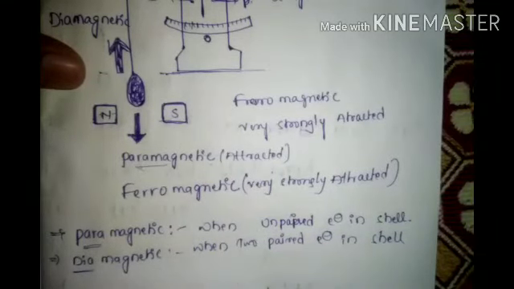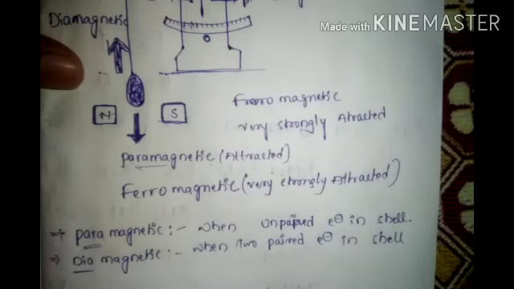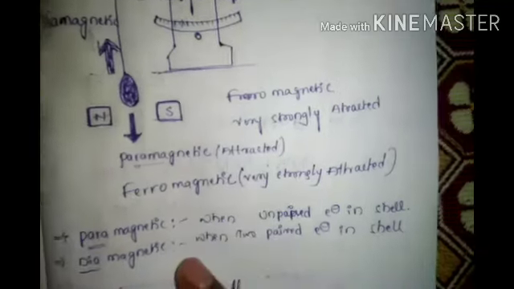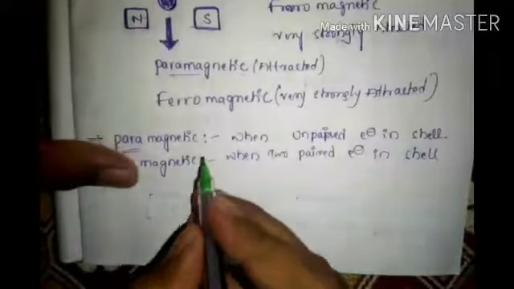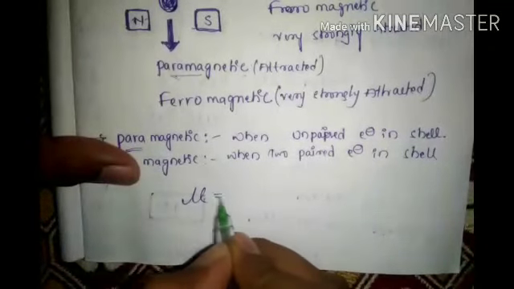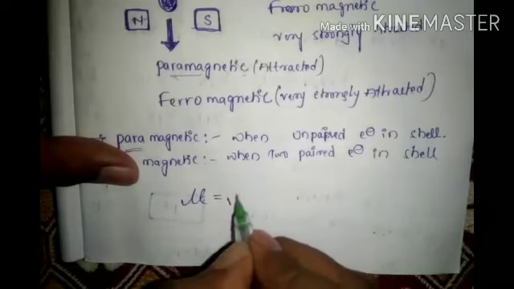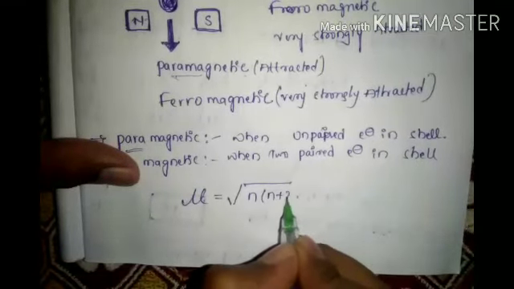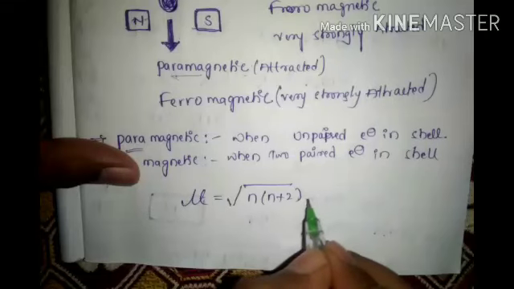This is called magnetic moment. Bohr magnetism also they have given. The magnetic moment is mu equals the square root of n(n+2) BM.